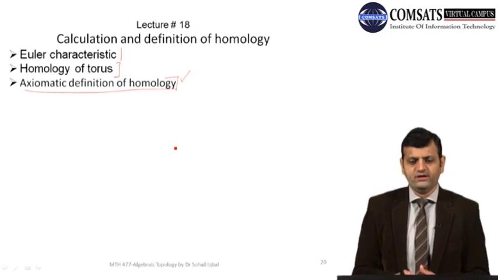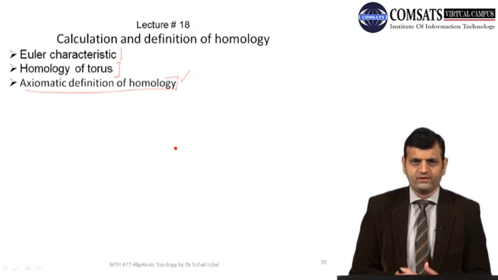It's just a matter of calculating the homology, which differs in the techniques, but eventually we are calculating the same thing. So this axiomatic definition emphasizes that we are calculating the same thing, which is homology, and it's just a matter of the method which we choose to calculate it.